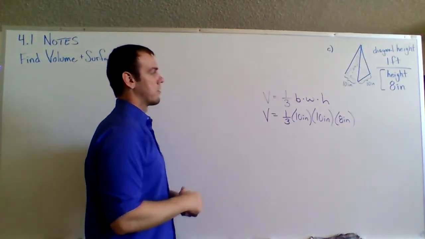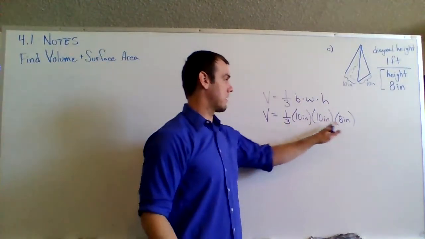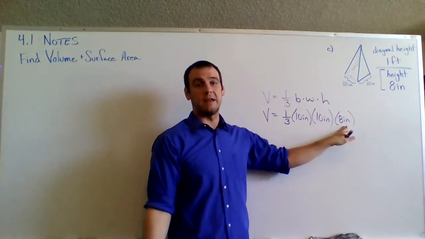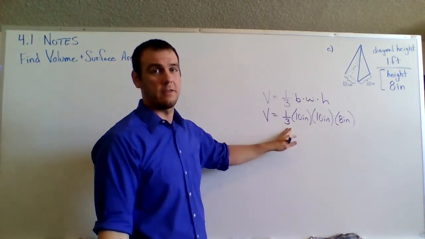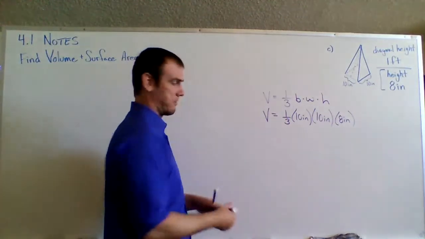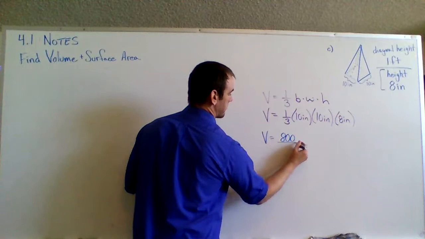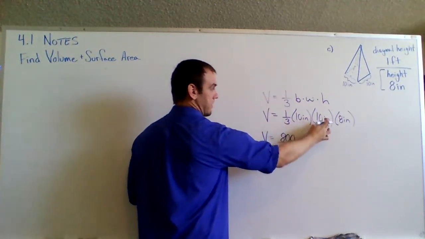Okay, so we can multiply these all together. 10 times 10 is 100, times 8 is 800, divided by 3 is 800 over 3. Inches times inches times inches.